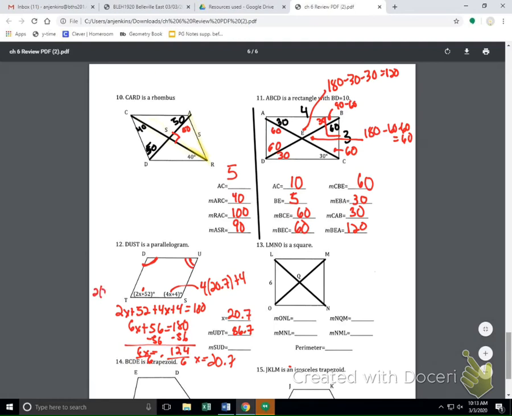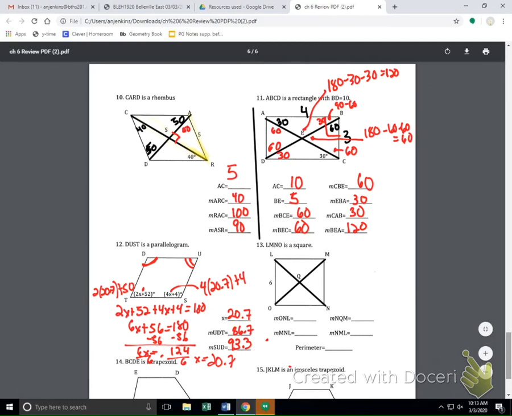So we're going to do 2 times 20.7 plus 52. So 41.4. Is that right? Plus 90, so 51.4. No. I'm going to trust you. You have a calculator. 93 point what? 3. Okay.